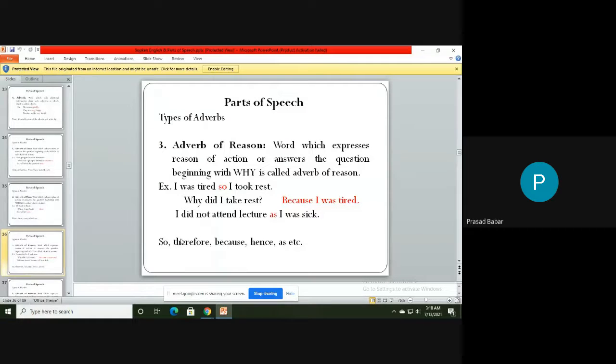And that is why as is the word which indicates the adverb of reason. So, as and so are adverbs of reason. Other examples of adverb of reason are therefore, because, hence, etc.